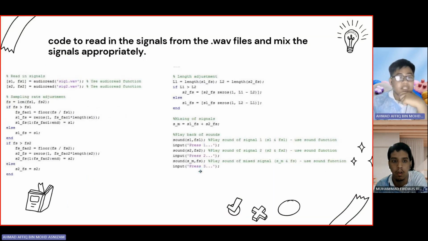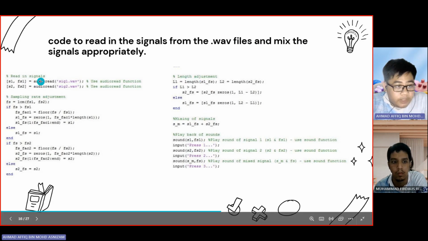Then the second task is to write code that reads the signals from the .wav files and mixes the signals appropriately. So you can see here, this is the code that I wrote.